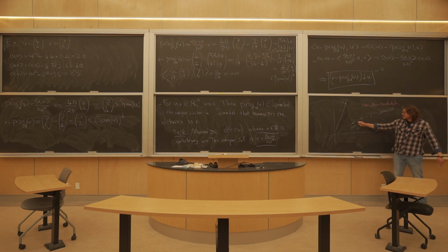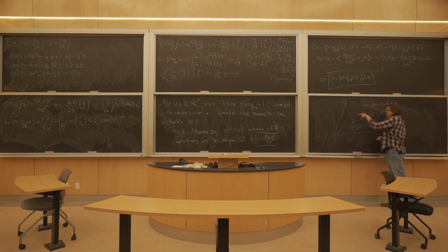I mean, it must be the case, right? Because unless you're here, that means you're going to be somewhere here, let's say, and this is a right-angled triangle, and this distance is the hypotenuse, or the square of that distance is the hypotenuse, and so this has to be longer than this. Okay, that's the idea. It's that simple.